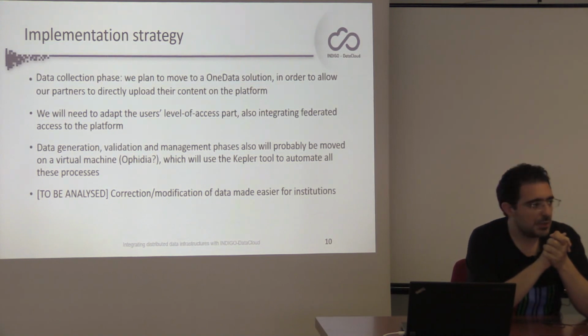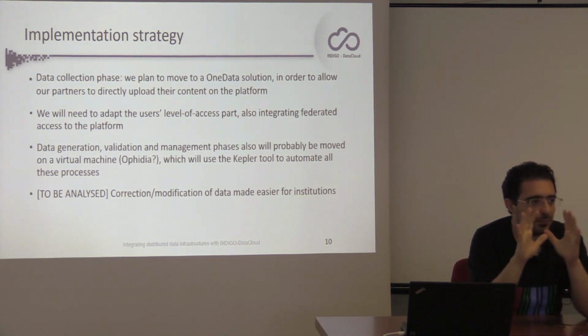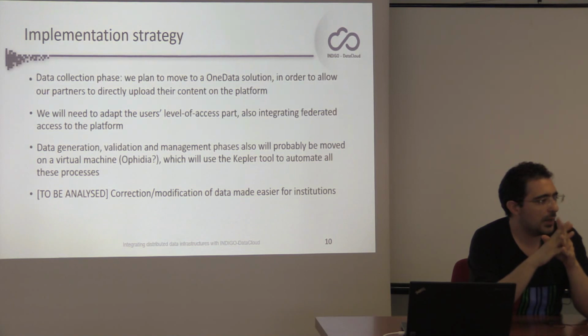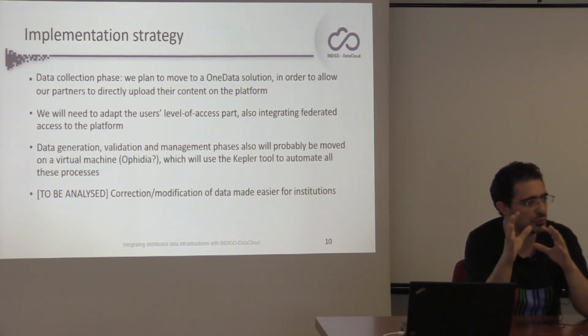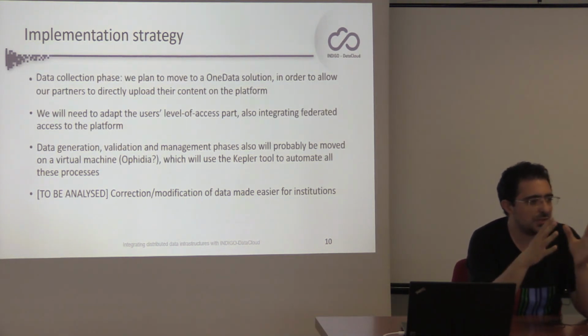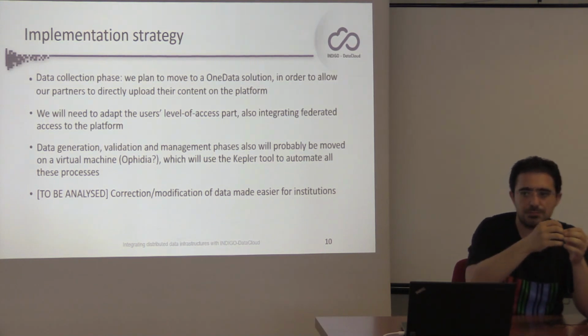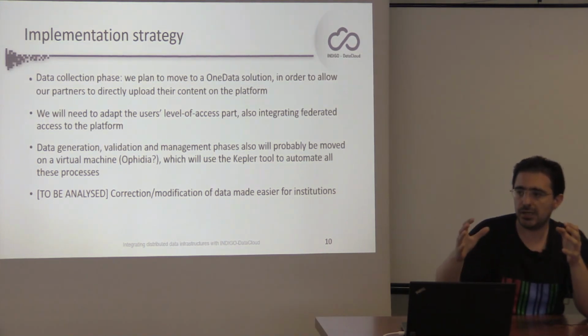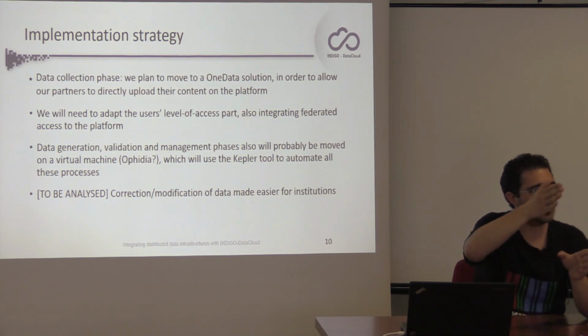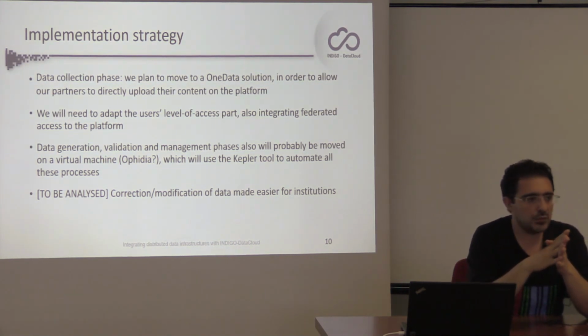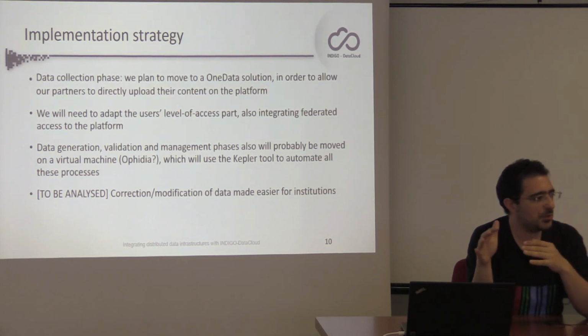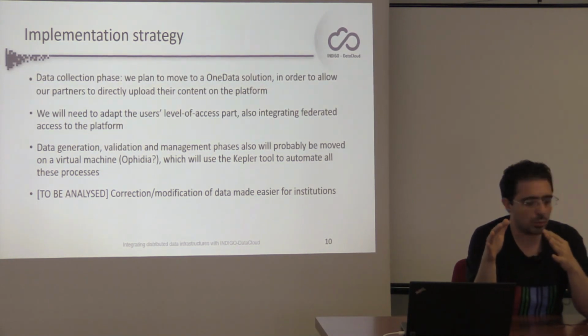So our strategy, I'm really sorry I didn't put out a timeline for that, but we are already deciding how to move to the Indigo solutions. Since our workflow is basically very linear, so you have to do this in order to do that, we plan to integrate for the separate phases of our workflow.